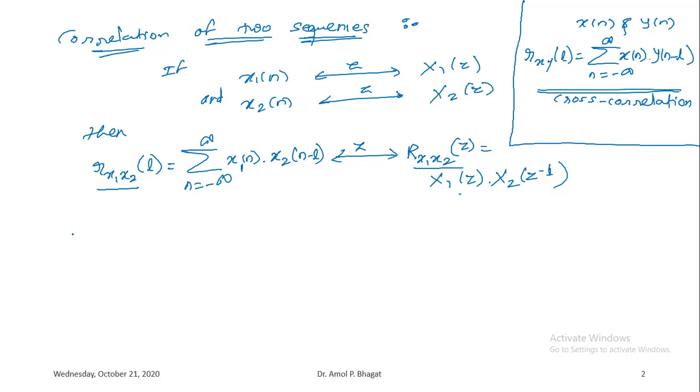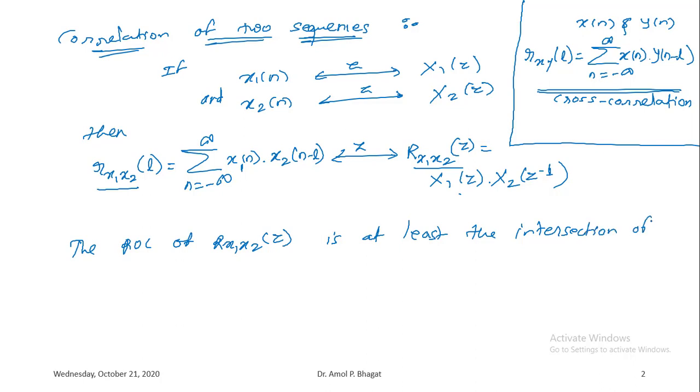Okay, so the ROC of this Rx1x2 of Z is at least the intersection of the ROCs of X1 of Z and X2 of Z inverse.